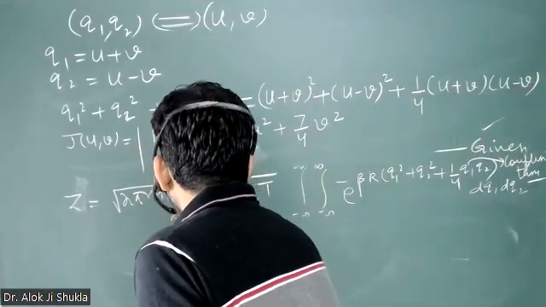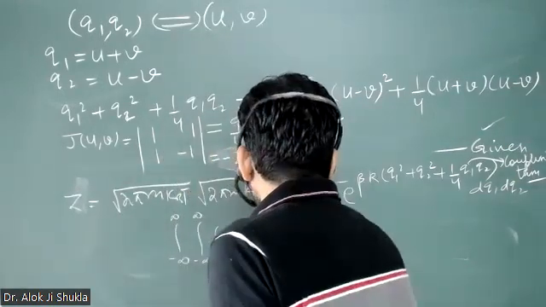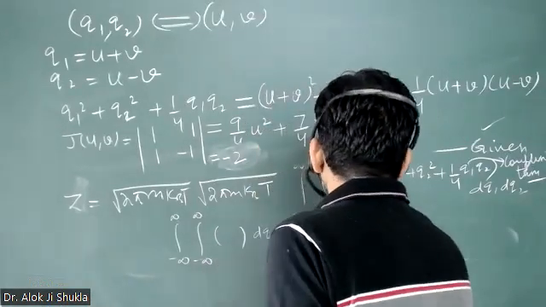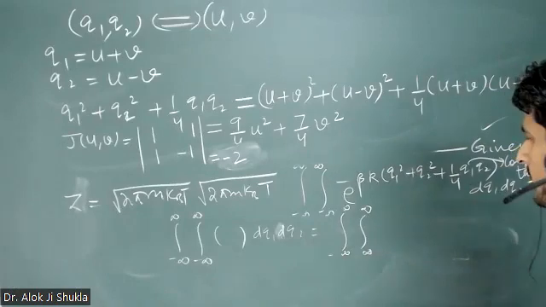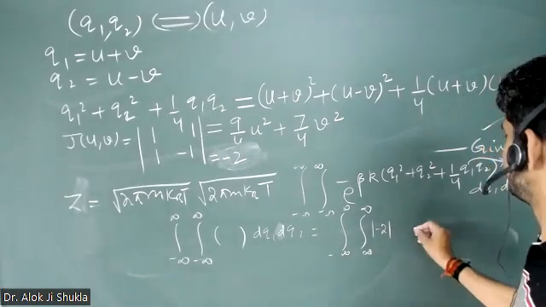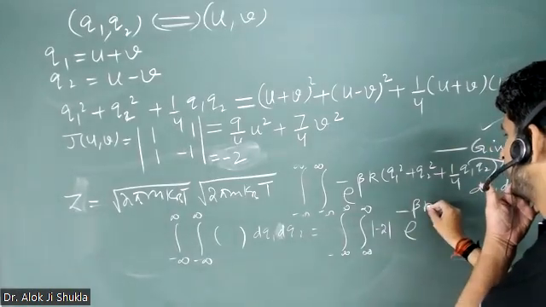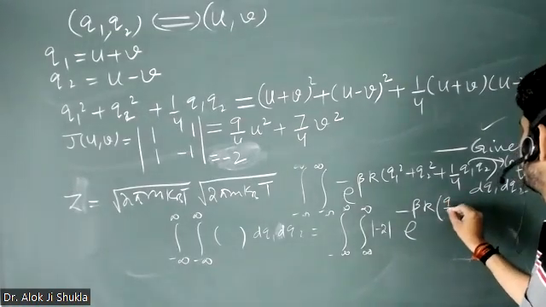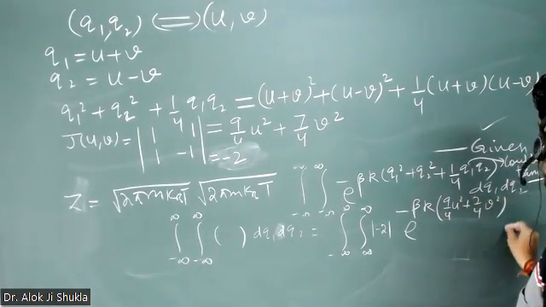Minus infinity to plus infinity, minus infinity to plus infinity, whatever here, dq1 dq2 is transformed into another integral, minus infinity to plus infinity, minus infinity to plus infinity, into mod of Jacobian and e to the power minus beta k. बताओ भाई, what we will get? 9 by 4 u square plus 7 by 4 v square du dv.